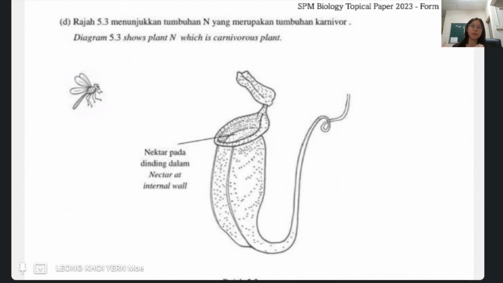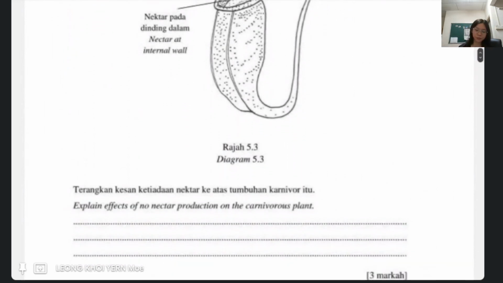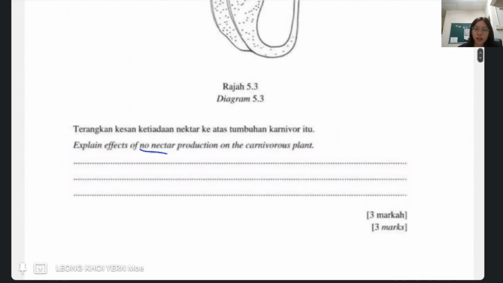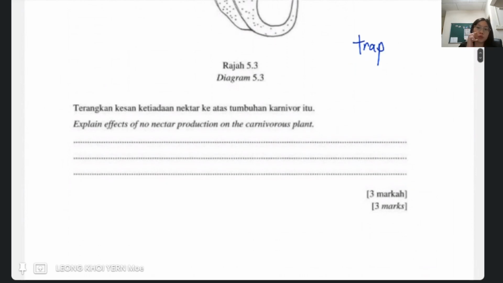Okay, another purpose. So what happens if there is no nectar? Just now I explained that if there is nectar, they will attract, trap, and then eat the insects. So what is the effect? Then you have to mention it in an opposite way. So you can write less, or you can write no, insects trapped by pitcher plant.